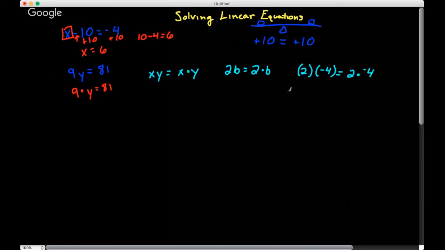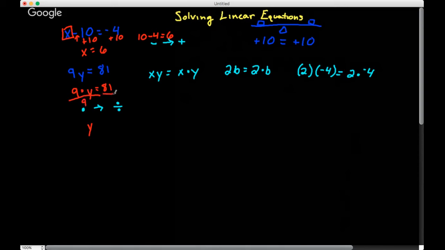All right, same situation. So the opposite function of multiplication: up here you had subtraction, and you needed to change that to addition. Here you have multiplication, and the opposite function of that is going to be division. So you're going to get y on one side of the equation.